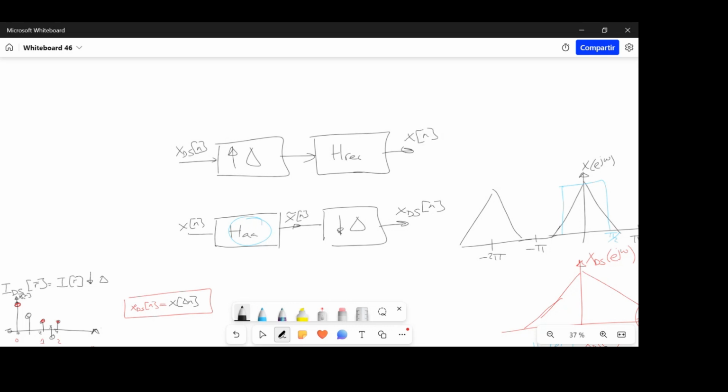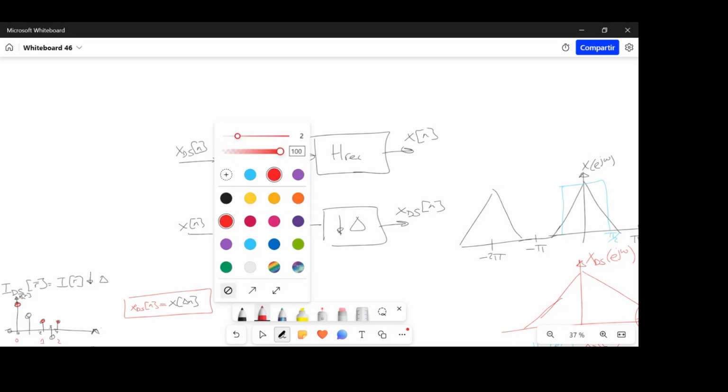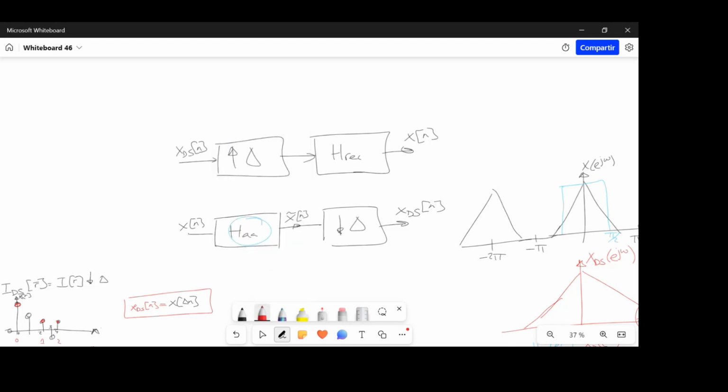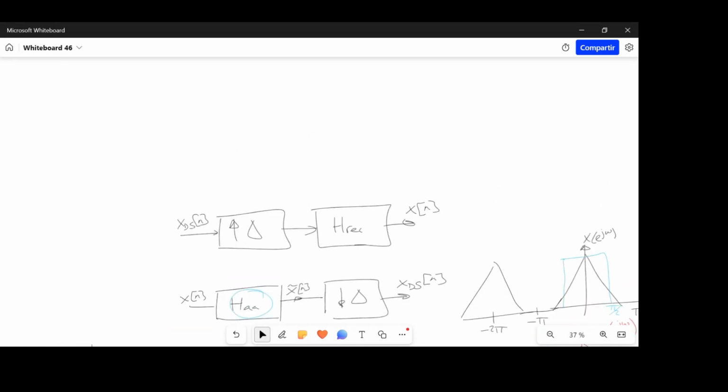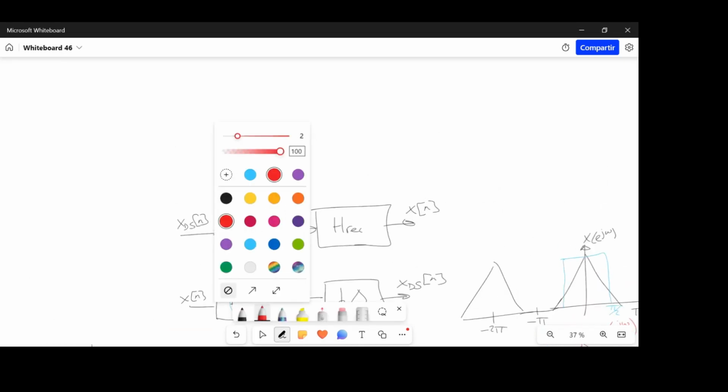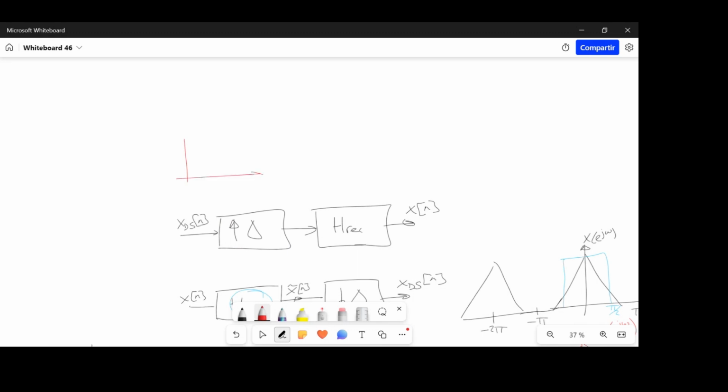Why this reconstruction? You need a reconstruction because let's say that now my signal is this one, the downsampled signal. It has values here.